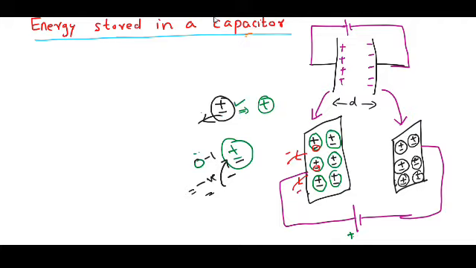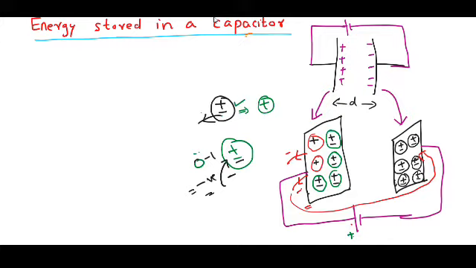When an electron is removed, this plate will be positively charged, and the battery carries this electron from this plate and deposits it onto the negatively connected plate.